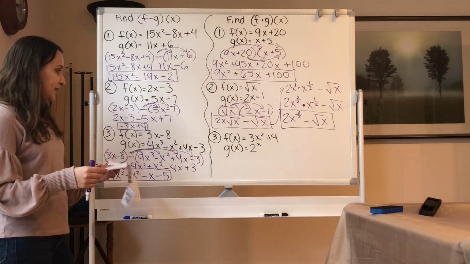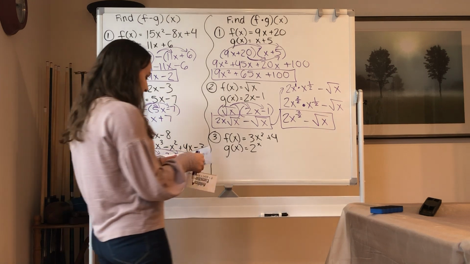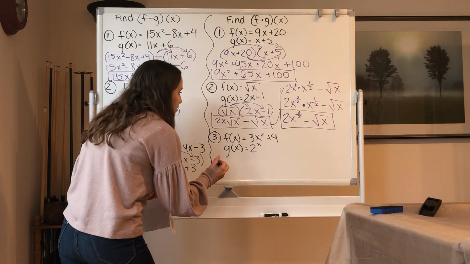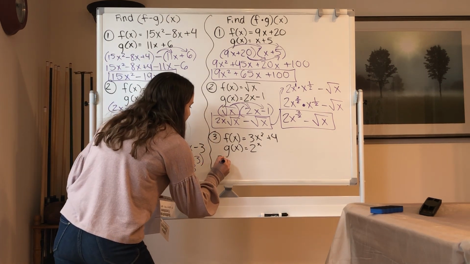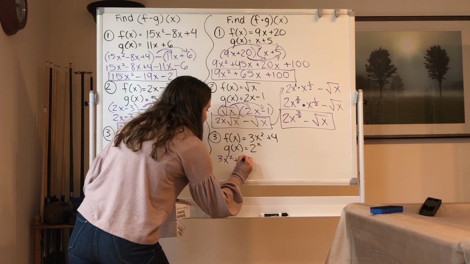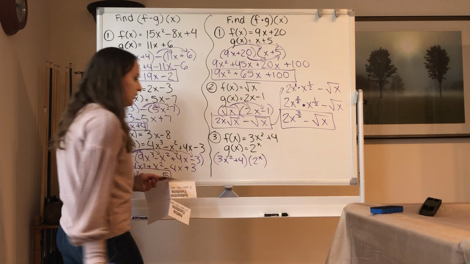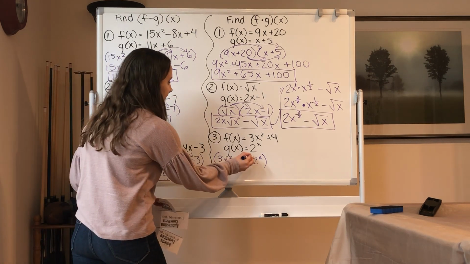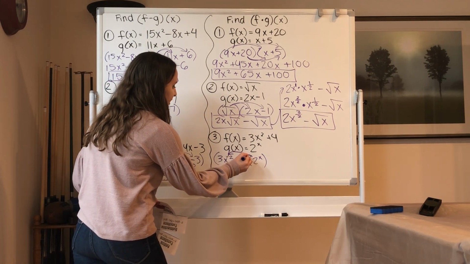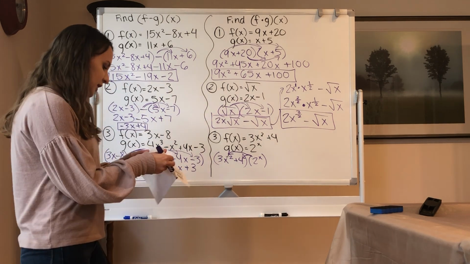Okay, example 3. For this one, we have 3x squared plus 4 times 2 to the x. So what you're doing is back distributing this 2 to the x to both terms.